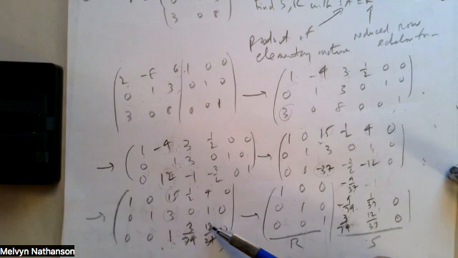Minus 15 times 12 is minus 180 over 37. Four times 37 is 148.